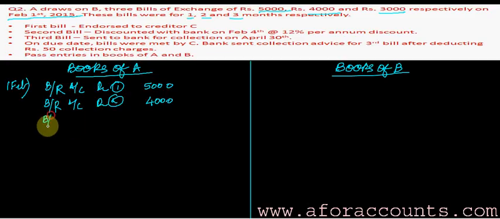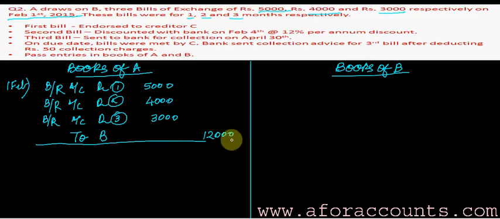Third bill receivable account debit, which is of 3,000 rupees. Account debit to who has to pay? To B, 12,000. That is my first entry, and simultaneously passing this entry in the books of B.